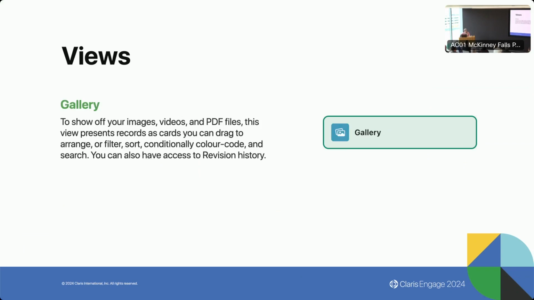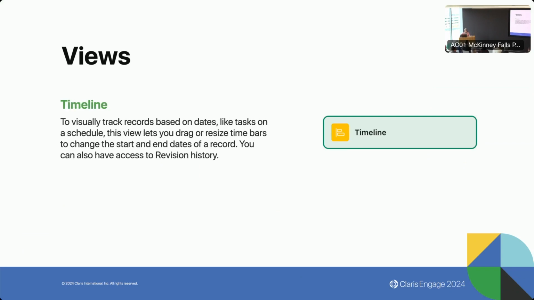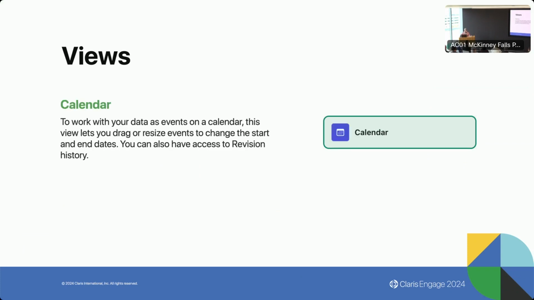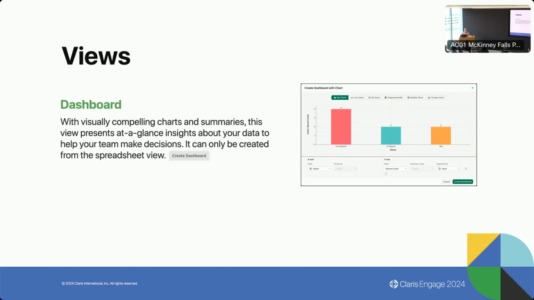A gallery view where you can put images, videos, and this timeline, that's used for task management mainly. The calendar, and finally the dashboard, where you can only create it in the spreadsheet.